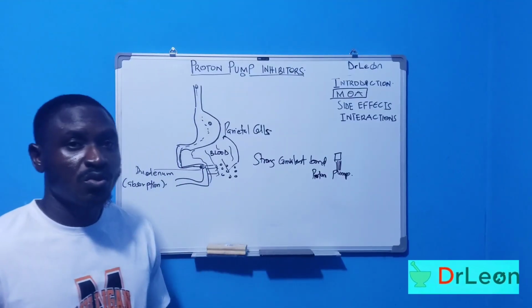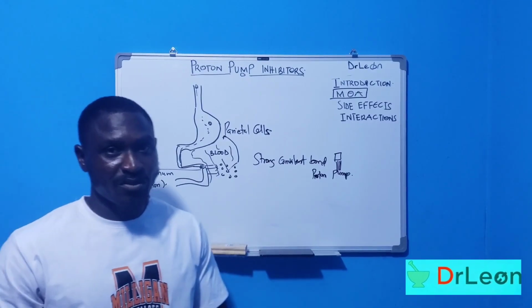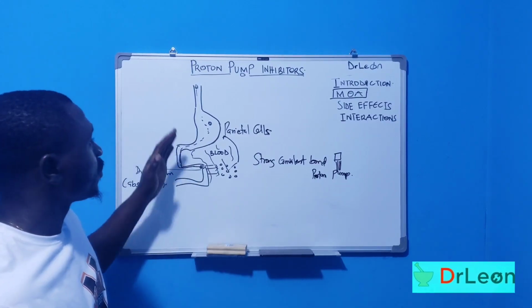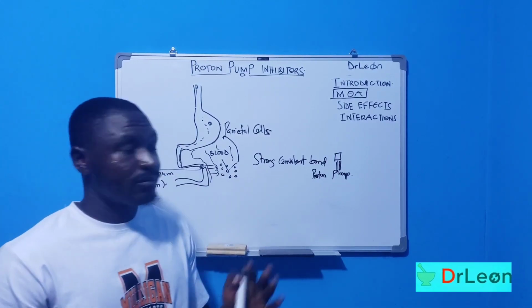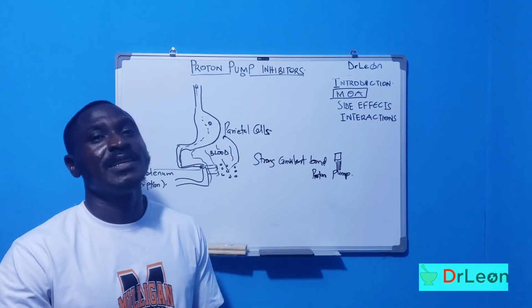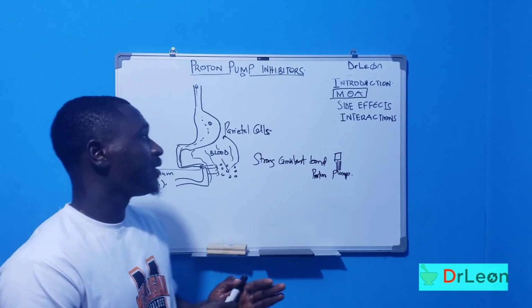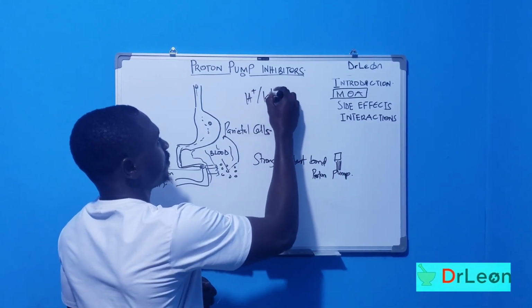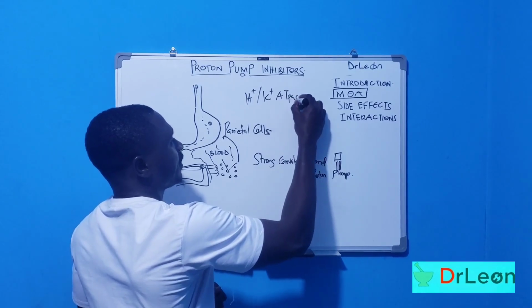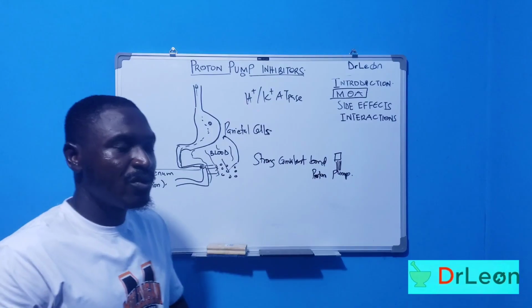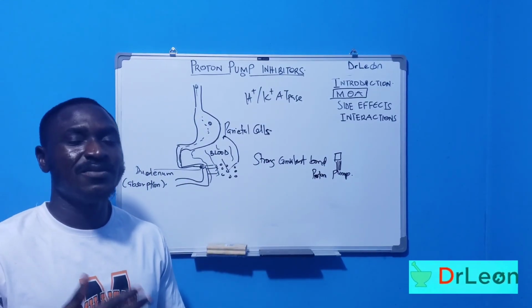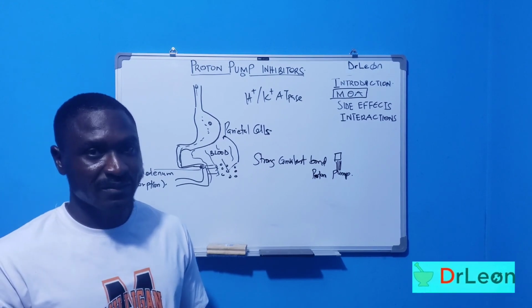Okay, so the mechanism of action of proton pump inhibitors. First of all, proton pump inhibitors inhibit the hydrogen potassium ATPase, and they are only able to inhibit the proton pumps which are actively secreting acid.